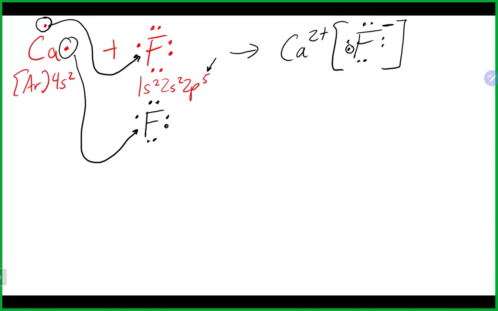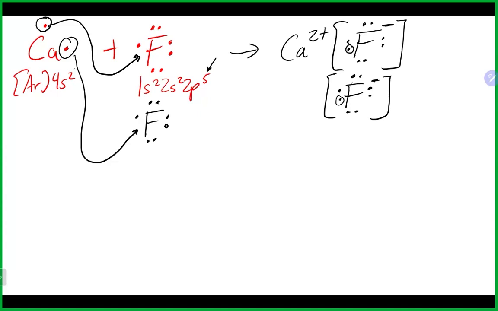It does not become a -2 charge. The second fluorine, I'll draw it here, also picks up one more electron. Again, I'll circle it there to become a -1 charge as well. Now we have -1, -1, which is -2, and +2, right?